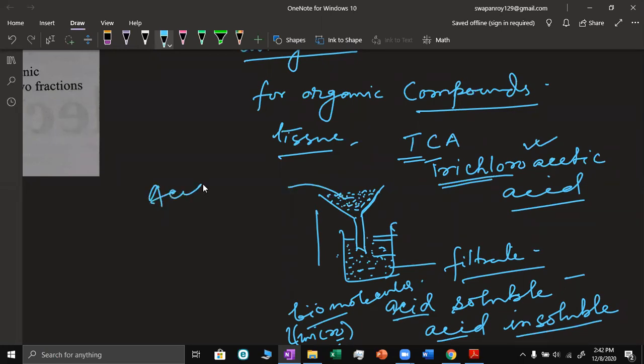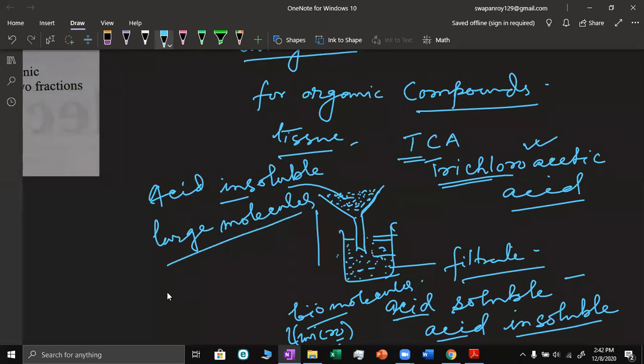These are very large molecules, mainly polymers, and their molecular weight is usually greater than 10,000 Dalton.